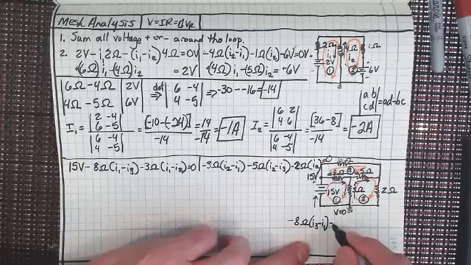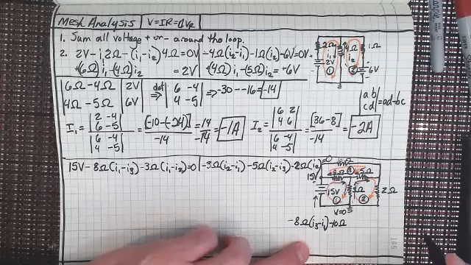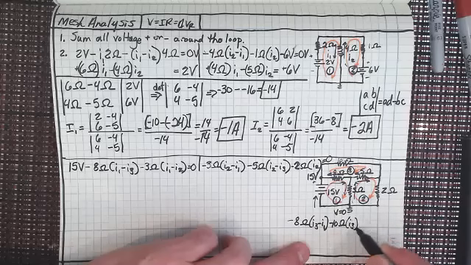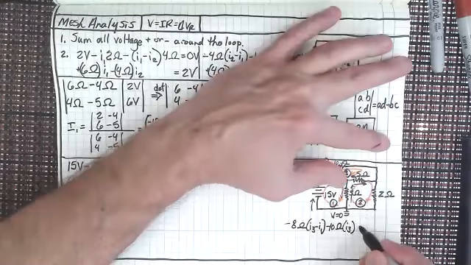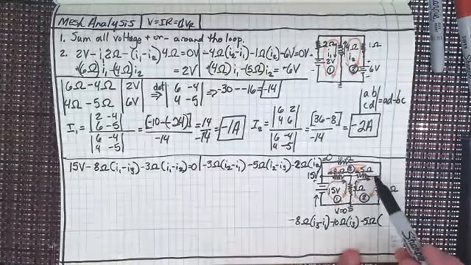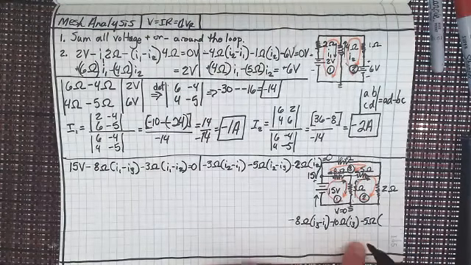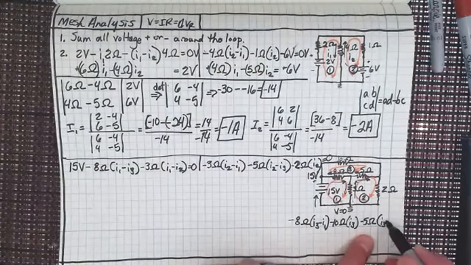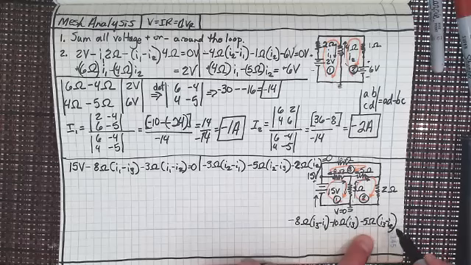And then I've got minus 10 ohms, right? And the only thing flowing through that is I3. And then with the 5 ohms, I've got minus 5 ohms. And the two currents flowing through that are I3 minus I2. I3 minus I2. And that all equals 0, right?